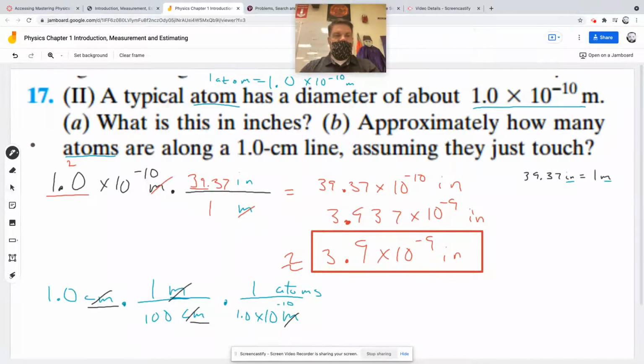So if I rewrite this after all the cancellations, I've got 1.0 times 1 times 1 times atoms.